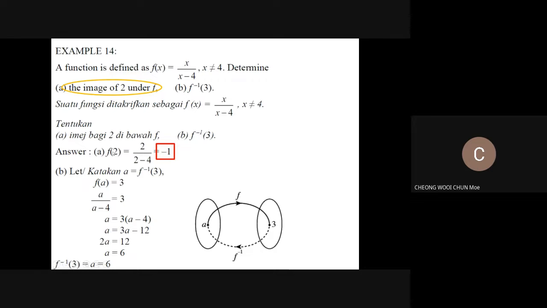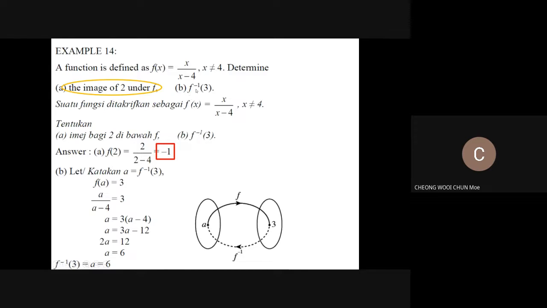You want to find the image of 2, so the object is 2. It's not the inverse function. So replace x with 2: 2 over 2 minus 4, you get from the calculator -1. That's the answer for the image of 2 under function f.